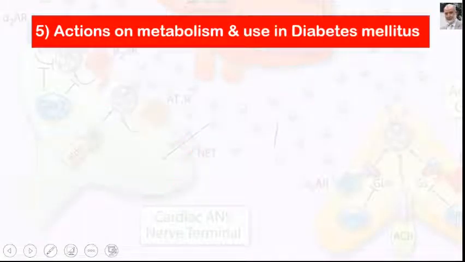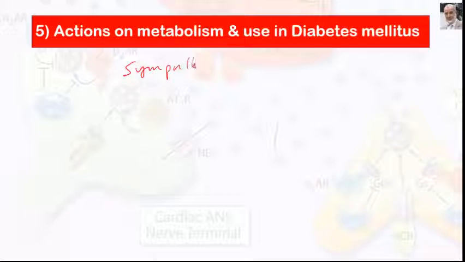The next effect we will discuss is the effect of beta blockers on metabolism and on diabetes mellitus. As we know, sympathetic activity usually will increase production of glucose from glycogen through stimulation of glycogenolysis, and also increase the production of free fatty acids from lipid by stimulation of lipolysis.